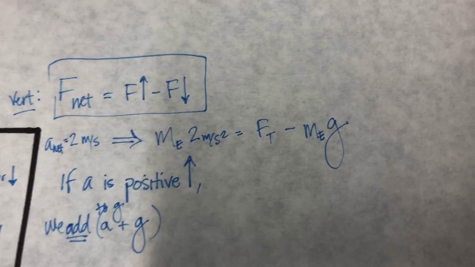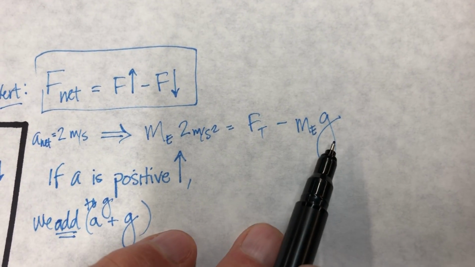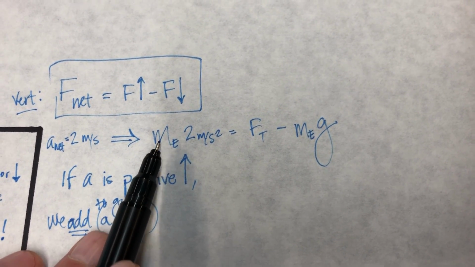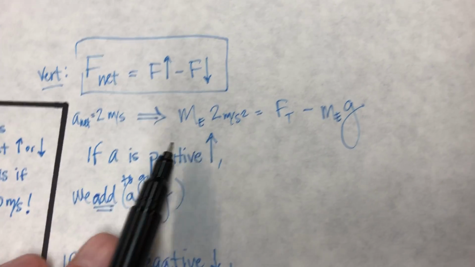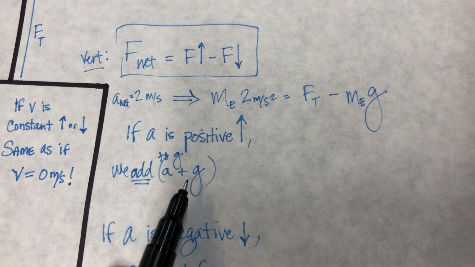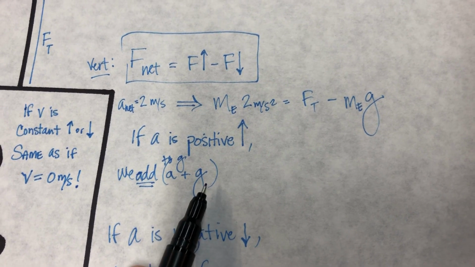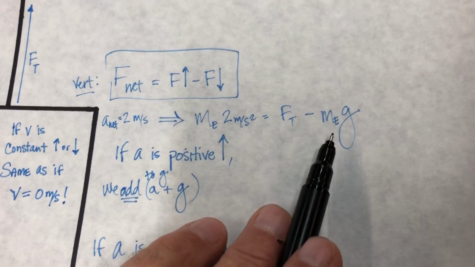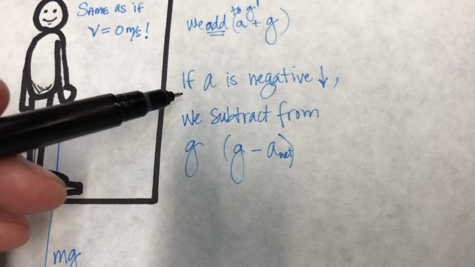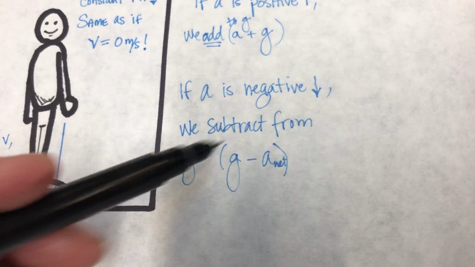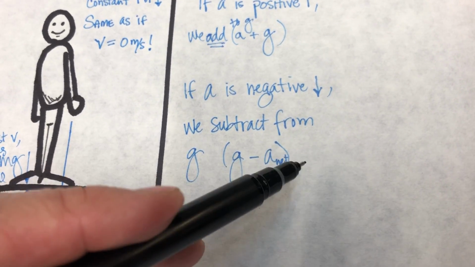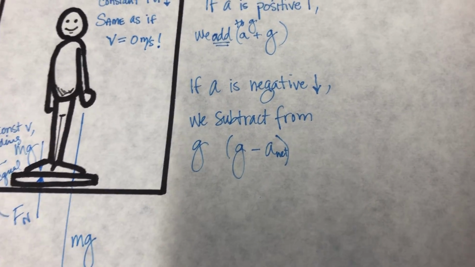If you look at this, we're going to add the mass of the elevator times g to both sides. Then we can factor out the mass of the elevator, and we just say 2 plus g. So if a is positive, we add a to g. A plus g times the mass of the elevator would give us the tension force. If a is negative, in other words, accelerating downward, we're going to subtract a from g. So g minus a times m would be your upward pull.